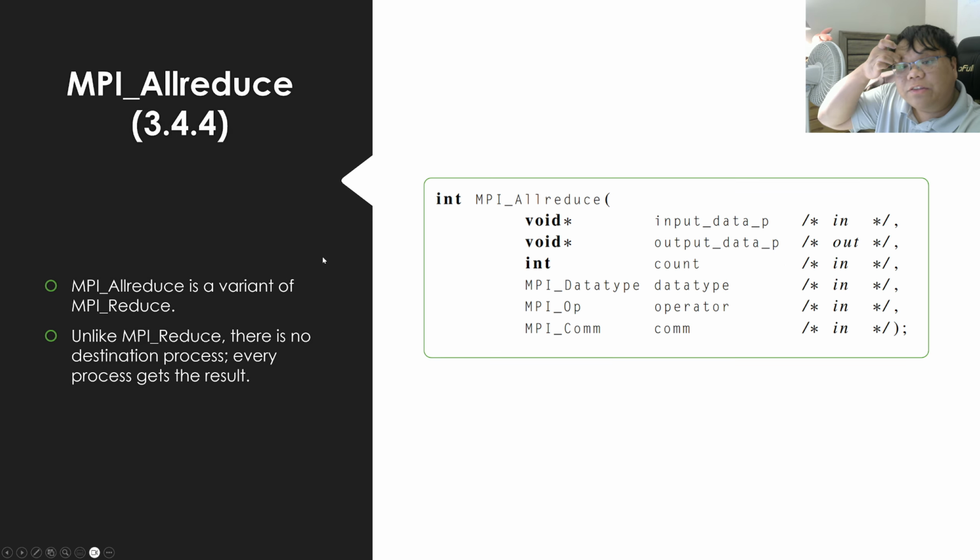So let's go to what you are passing into an all reduce. The buffer for the incoming data. So you have the input, the output, the count, the data type, the reduction operator, and the communicator.